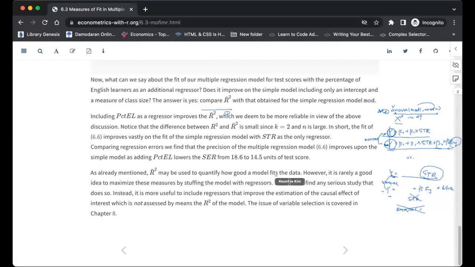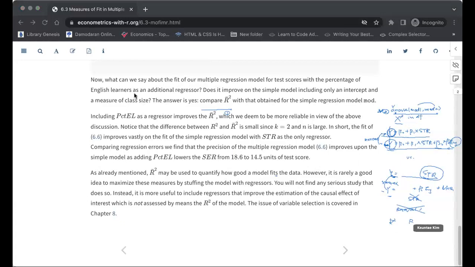But the ANOVA can only be used when the models have a nesting relationship. If there is no nesting relationship between the two, we just compare the R square or adjusted R square.